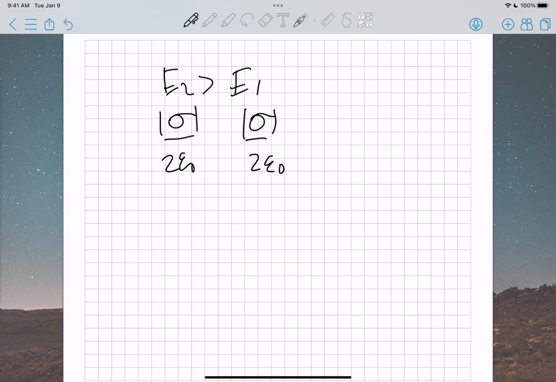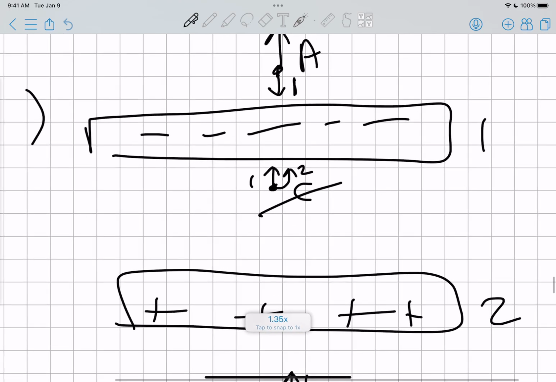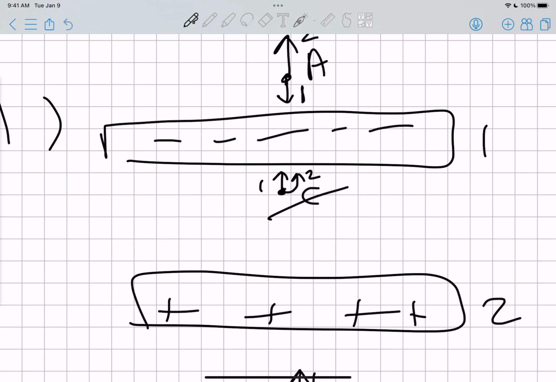Okay. So they would have to have the same magnitude, but it wouldn't be through the center, right? Because remember the center, you would actually have a net electric field because the direction would be both pointing either upwards or downwards, right?